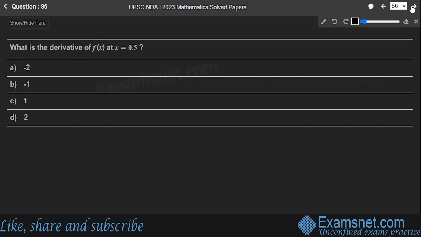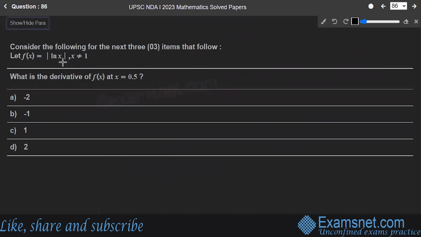What is the derivative of, let's read the statement first. f(x) is equal to mod of natural log x, where x is not equal to 1. So the 86, 87, 88 questions will be based on this statement. What is the derivative of f(x) at x is equal to 0.5? You are given f(x) is equal to mod of this, and x is not equal to 1.